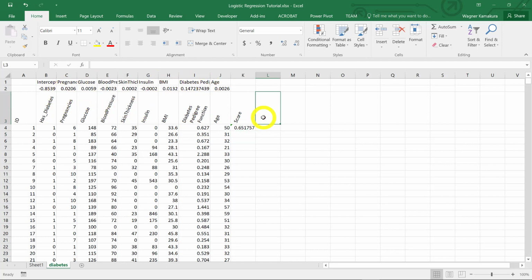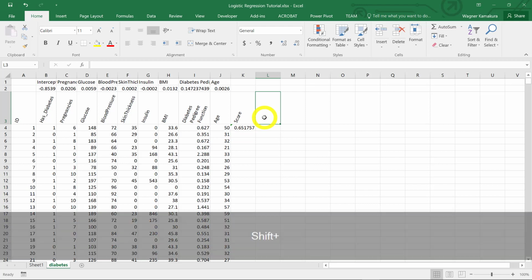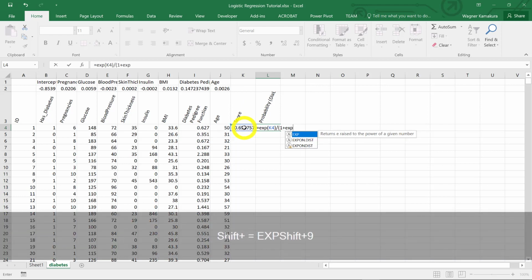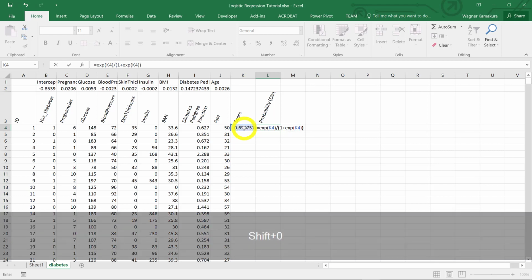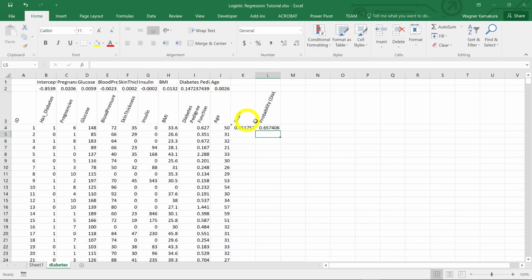Now I'm going to calculate the probability of diabetes as the exponential of the score over 1 plus the exponential of the same score. The first patient has a 65.57 percent probability of having diabetes.